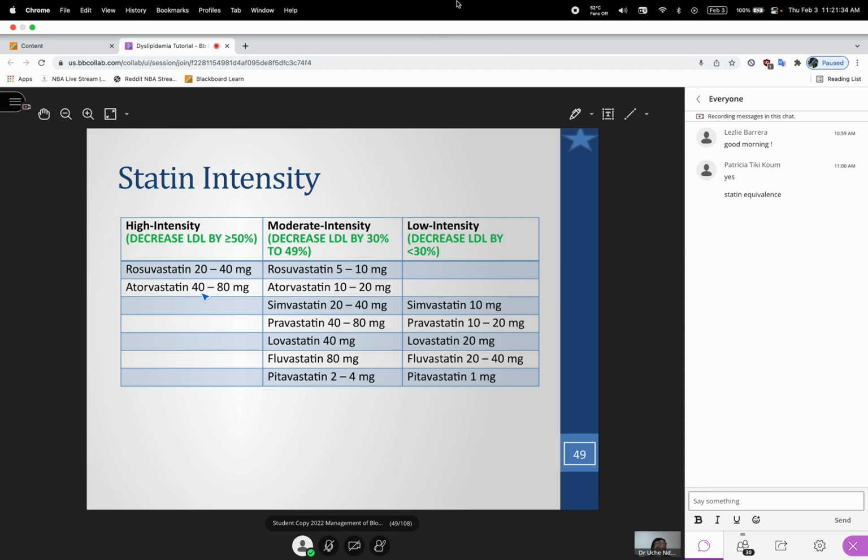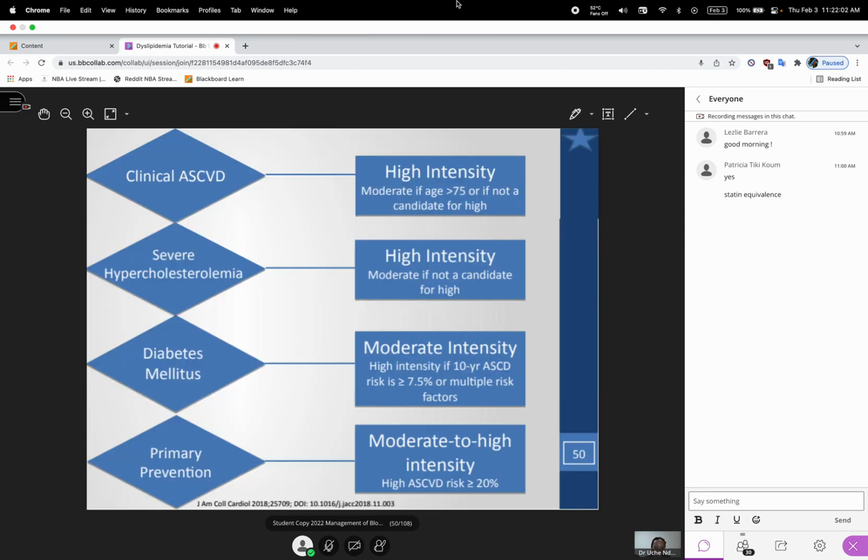Or if they're on atorva 40 and they still have not met their goal, before we start thinking of adding anything on, let's maximize the statin, right? Because you always hear the maximally tolerated dose of a statin. So if they can tolerate the 40 milligrams of Rosuva or 80 milligrams of atorva, go ahead and put them on that before we start combination therapy. We don't want combination therapy. If we can, we want to be able to control everything with the statin, okay?